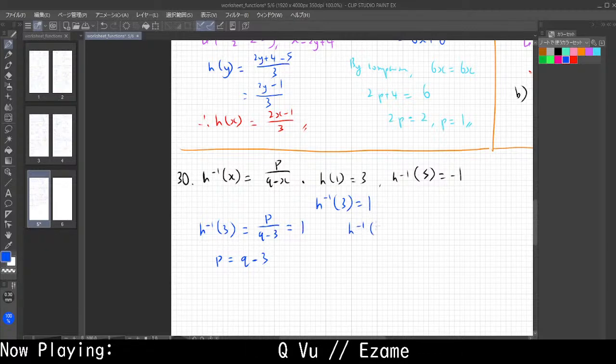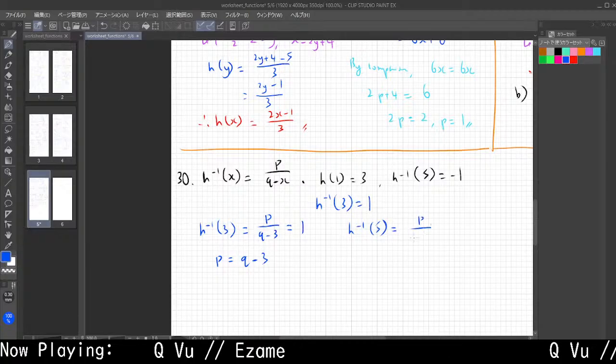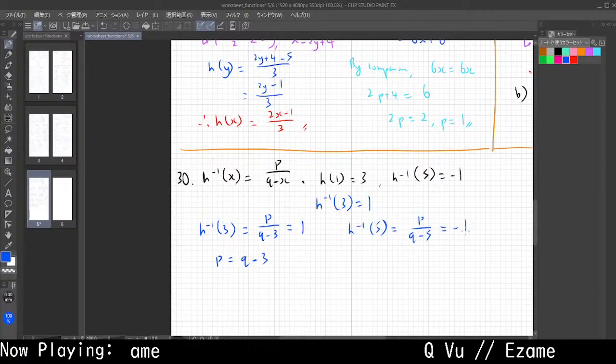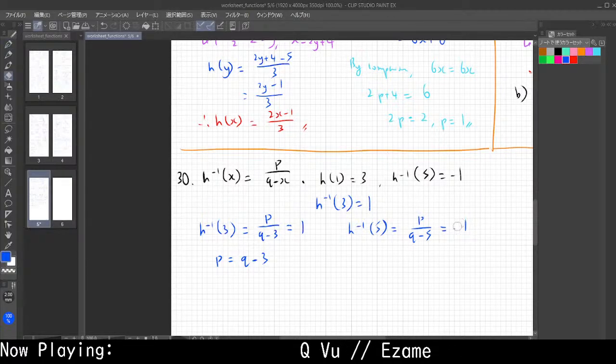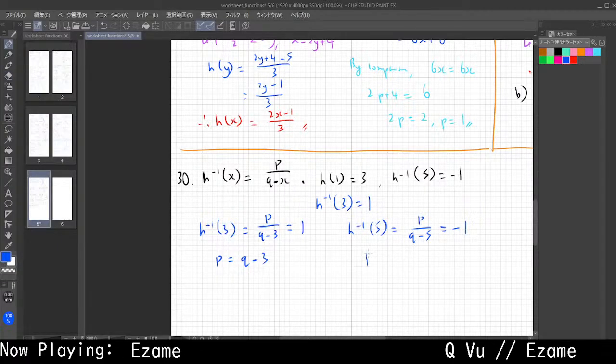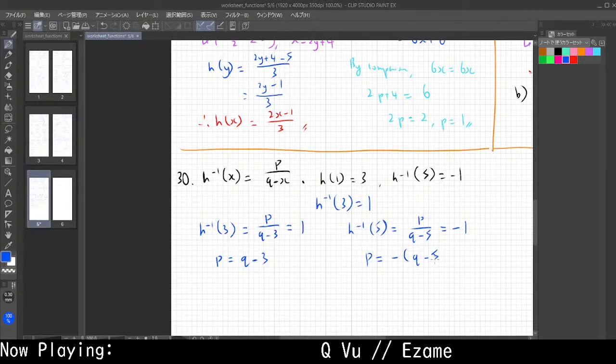h inverse 5 equals p divided by q minus 5, and this is equal to negative 1. So q minus 5 you can move to the other side. p equals negative (q minus 5), like this.